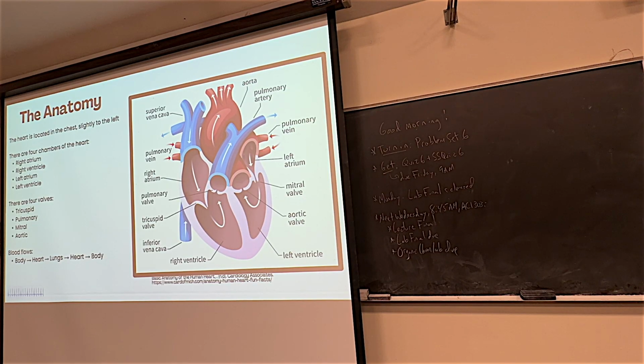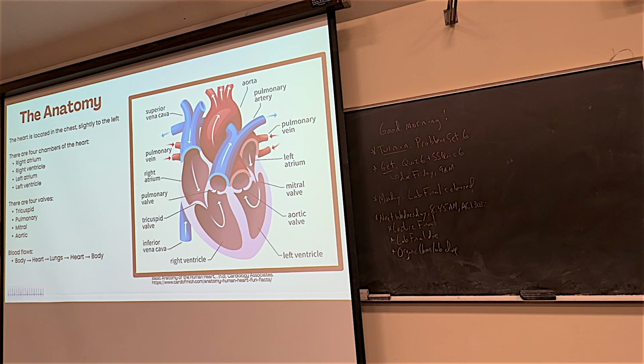Okay, so it says blood flow from body, heart, lungs, etc. So this is the basic, simple version of what blood flow looks like. As you guys probably already know, veins transport blood to the heart, and arteries transport blood to the rest of the body.